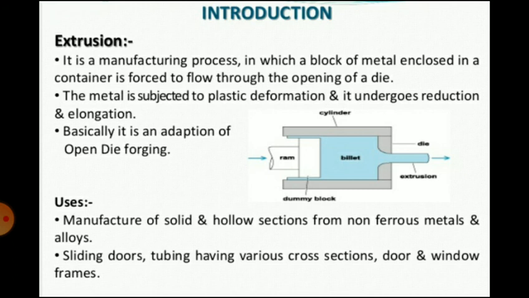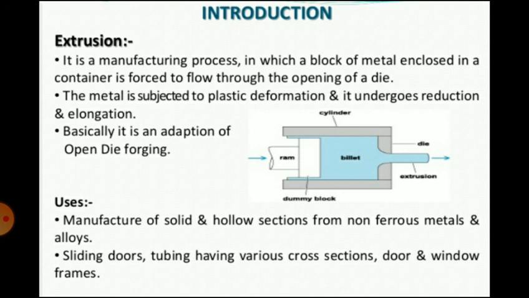The pressure or the force is applied on a billet, a hot raw material placed in a container, with the help of the ram, so that the metal is forced to flow through the die opening. The section of the extruded product depends upon the shape of the die opening that is placed in the container.